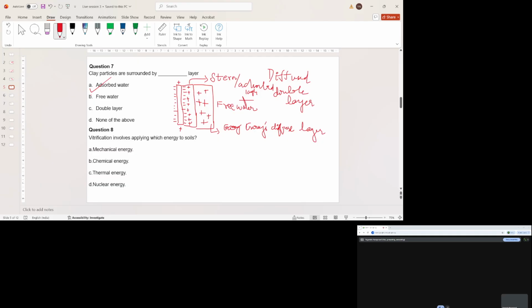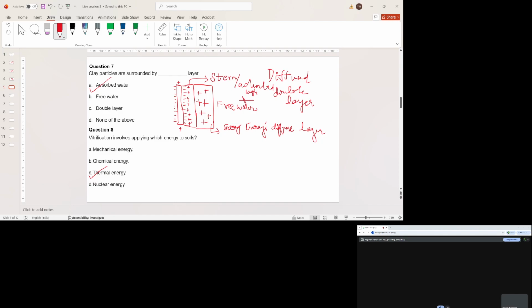This is used for ceramics, tiles, pots, etc. That is known as vitrification, and essentially vitrification involves applying thermal energy to the soils. You can read more about vitrification.